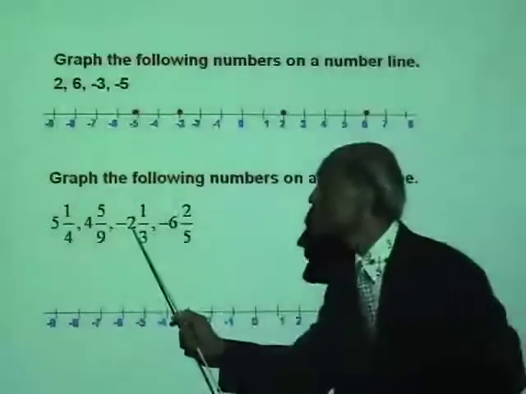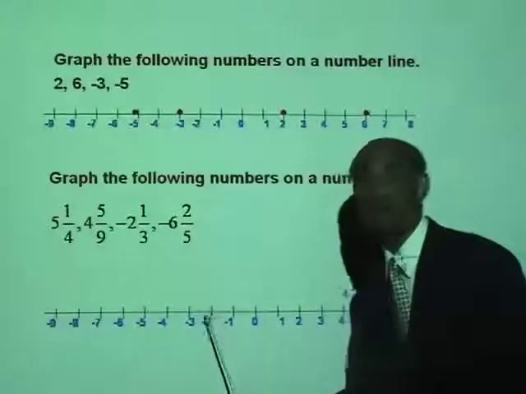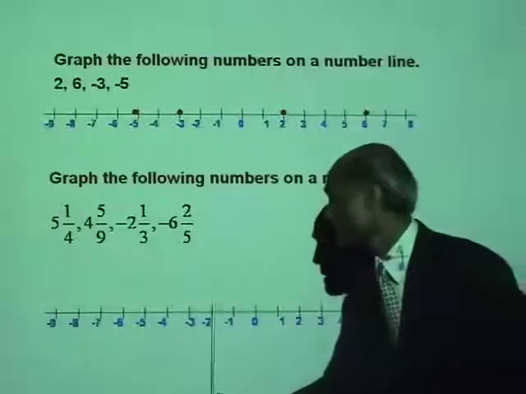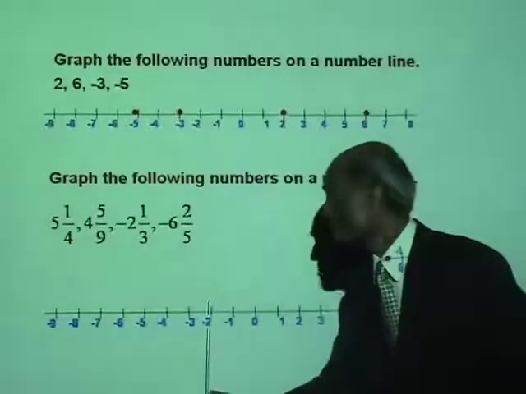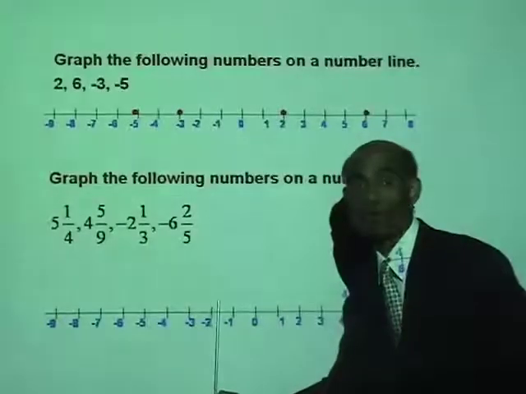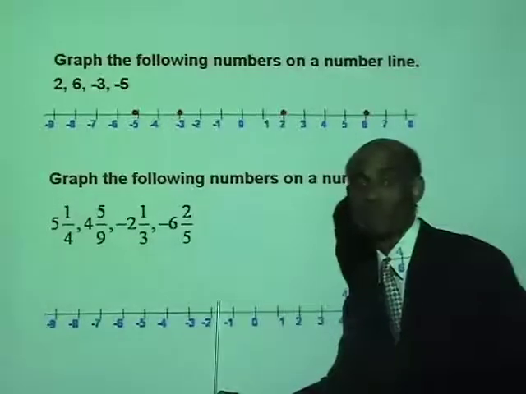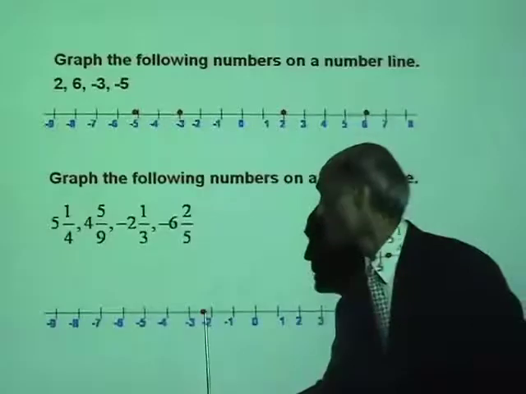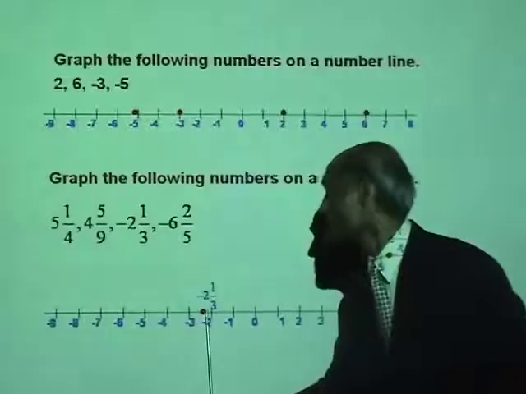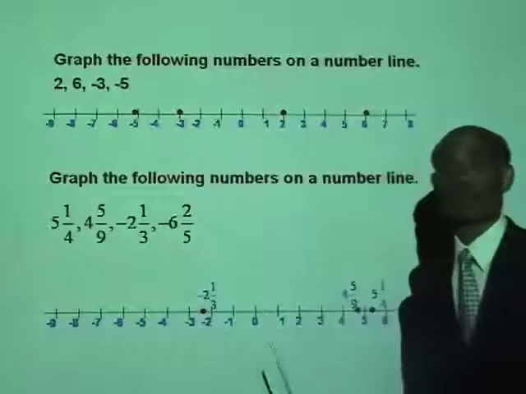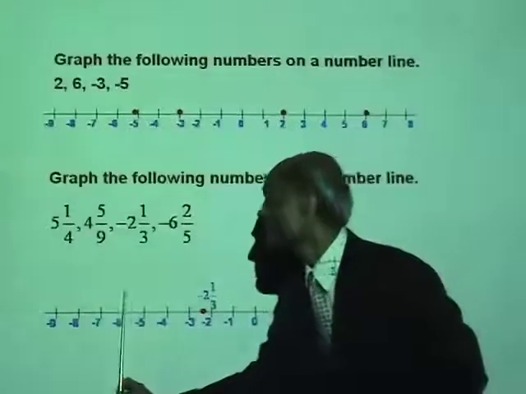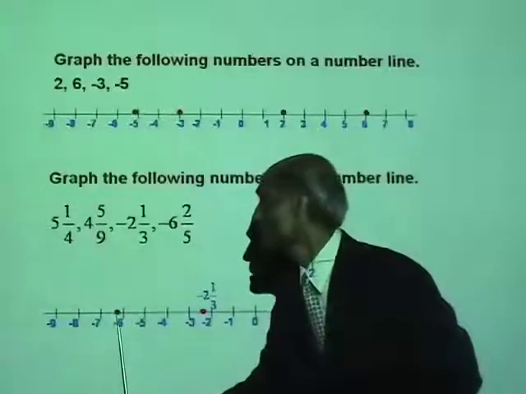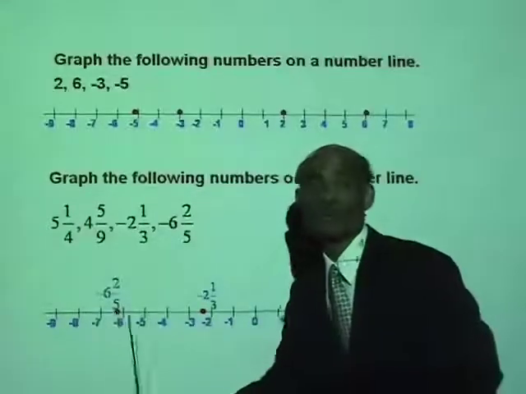Where will be negative 2 and 1/3? This is negative 2. Will negative 2 and 1/3 be to the left of it or to the right of it? Well, it will be over here. Negative 2 and 1/3. Where will negative 6 and 2/5 be? Negative 6 and 2/5 is over here.